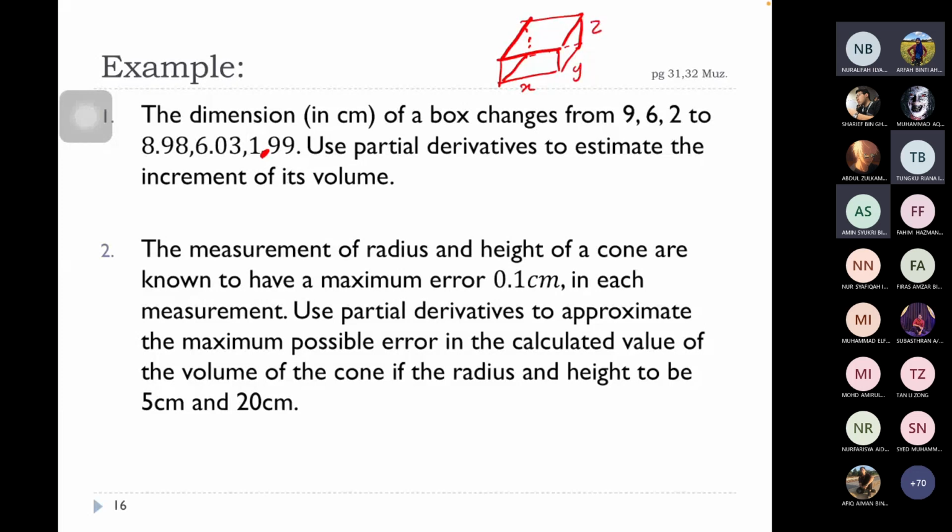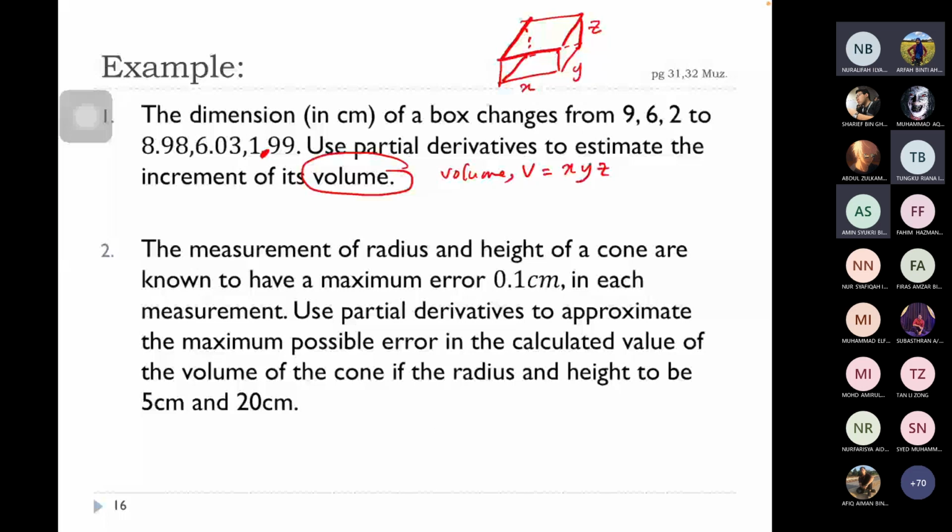So yang dia kata volume. Let's say volume equal to V. Apa equation volume of a box? XYZ. Okay, betul. X darab Y darabkan dengan Z.